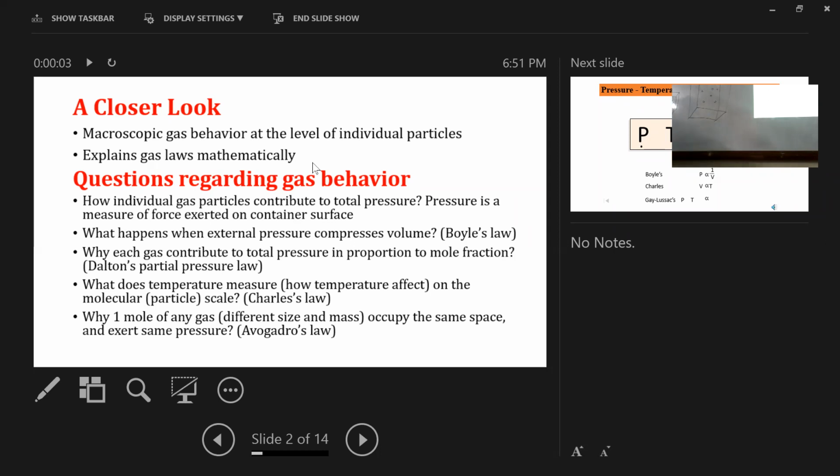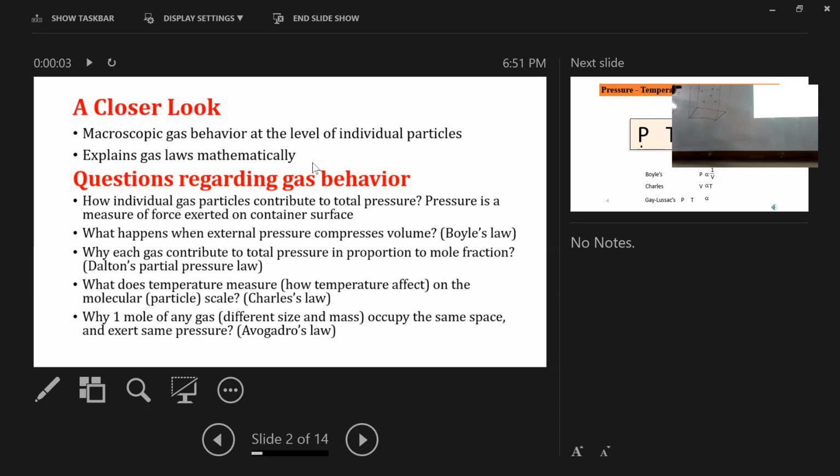That means volume is inversely proportional to pressure at constant temperature. We'll write down, at constant temperature. We will learn that a little bit more.